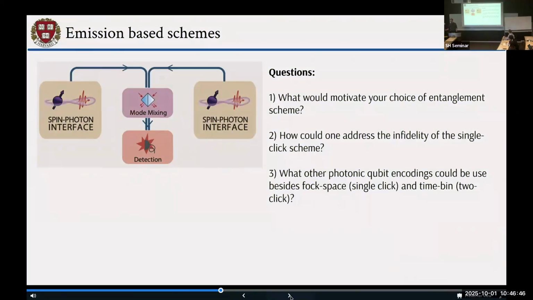Single click scheme or the two-click scheme? Yeah. So fidelity and distance or rate, I guess. And so just writing down here.